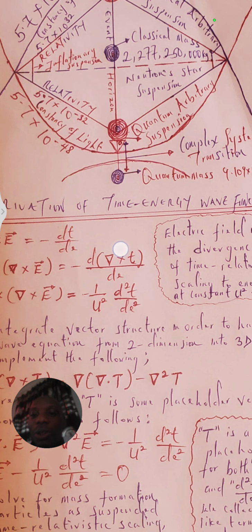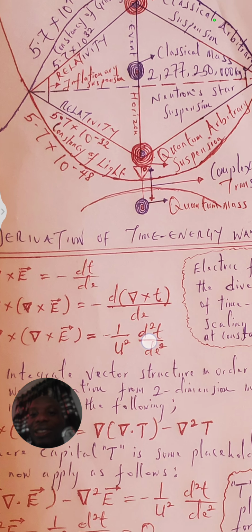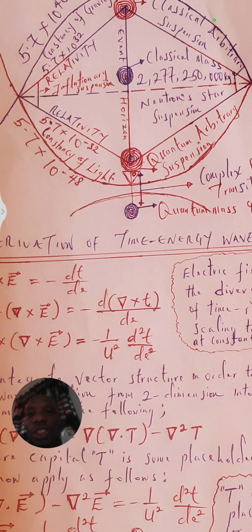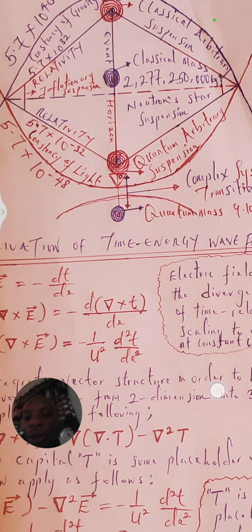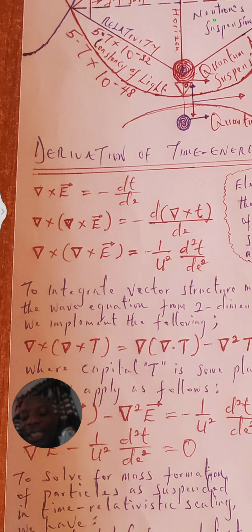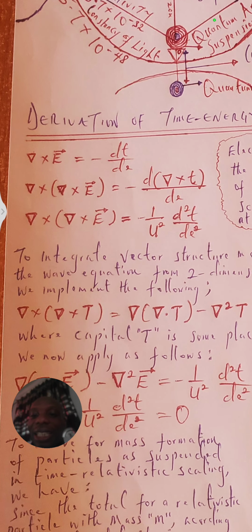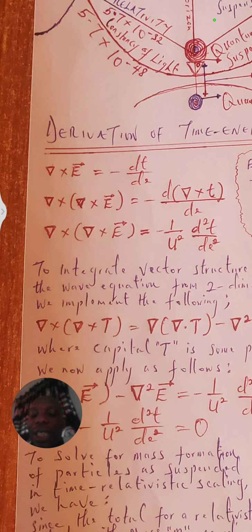When you look at this particular equation, you can see this is the derivation of the time energy wave function. By applying this function, we see that at this point where we have del multiplied with del multiplied with the electric field, which is equal to minus 1 over capital U squared, we have the second derivation of time over the second derivation of energy.